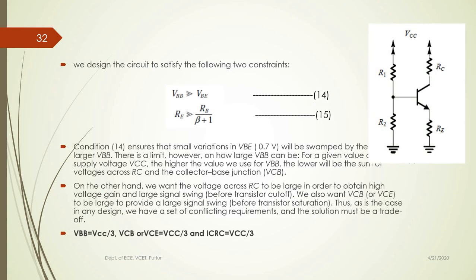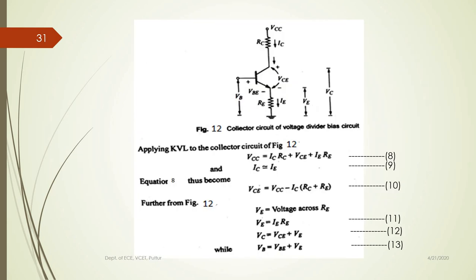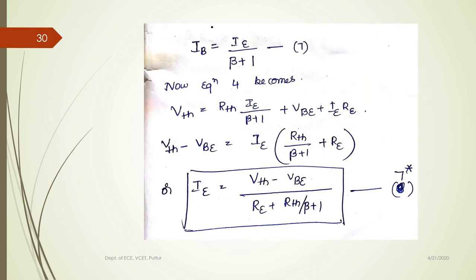Next thing is, see here, from the emitter current equation. Now here in the circuit, what we need to observe is whether the current we are getting, that is IE, is constant even during the saturation condition.